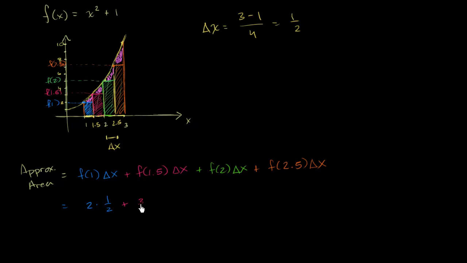So plus 3.25 times 1/2. And then we have the function evaluated at 2. Well, 2 squared plus 1 is 5. So it's 5 times 1/2. And then finally, you have the function evaluated at 2.5. 2.5 squared is 6.25, plus 1, so that's 7.25.